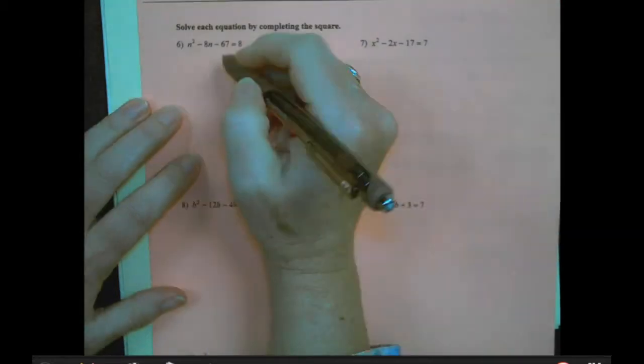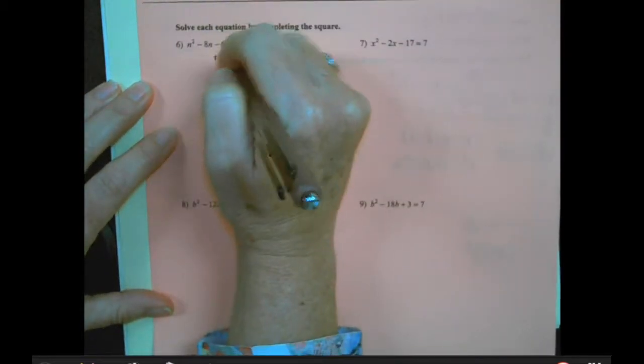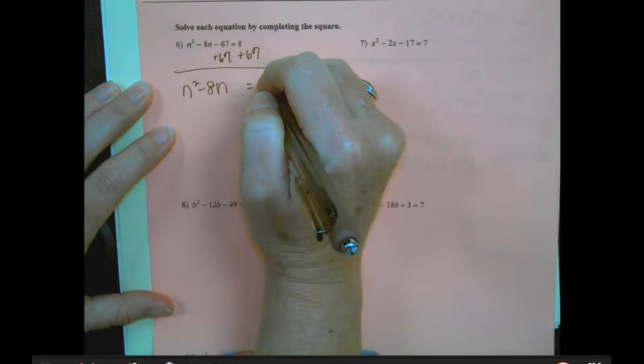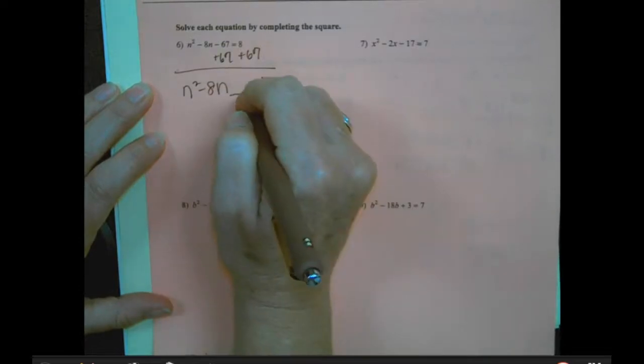Yeah. So, on the back. So this is what I want to do. I would like to complete the square and actually solve something. So, I have to start. I want to move the 67 to the other side. Okay, so what goes here now?